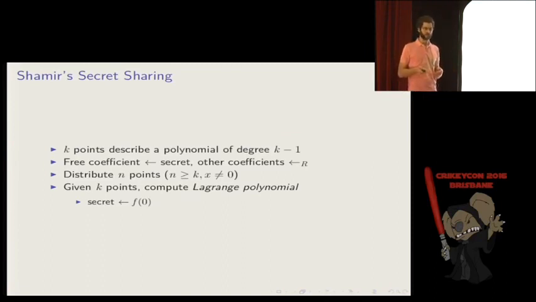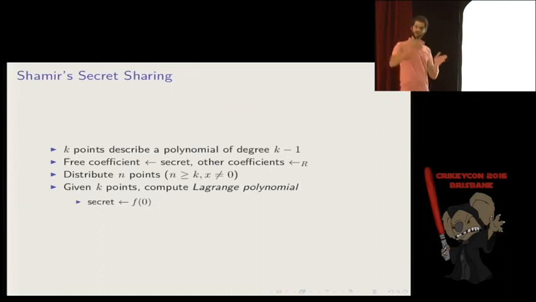So if you want to have a threshold of k for unlocking a secret, then you come up with a polynomial of degree k-1, and then you set the free coefficient to the secret. So if all of the other coefficients are 0, then the result of the function at 0 is going to be the secret that you want. And then you randomly select all the other coefficients.